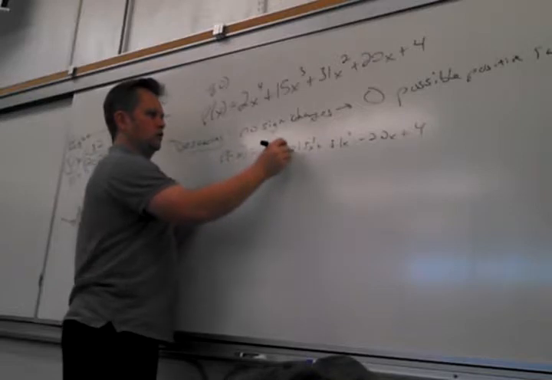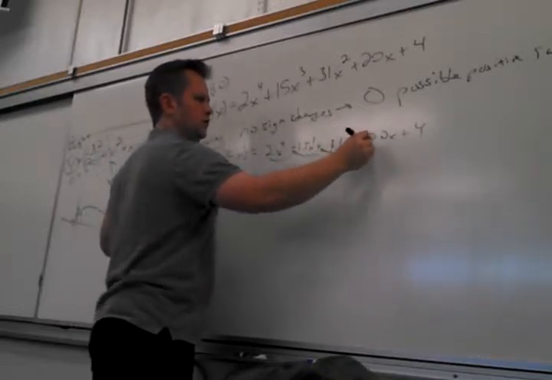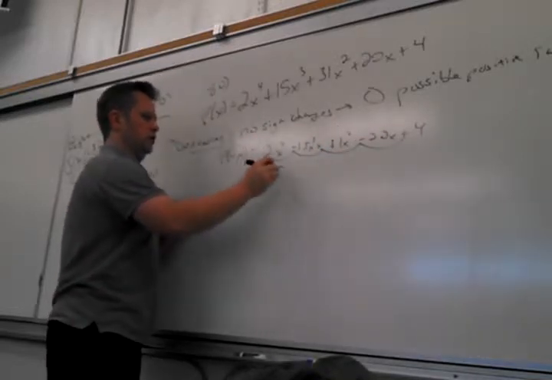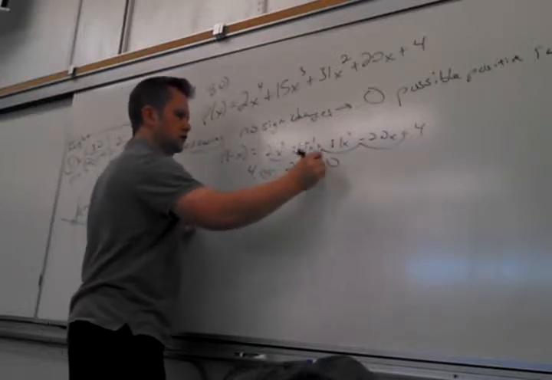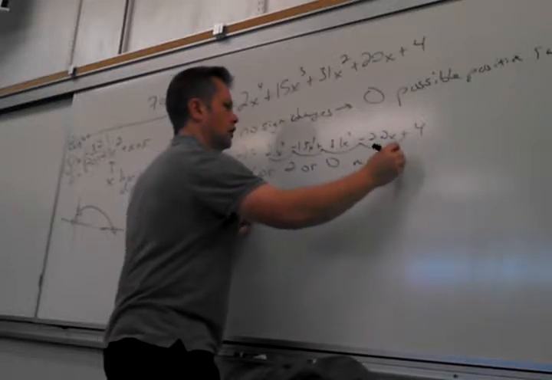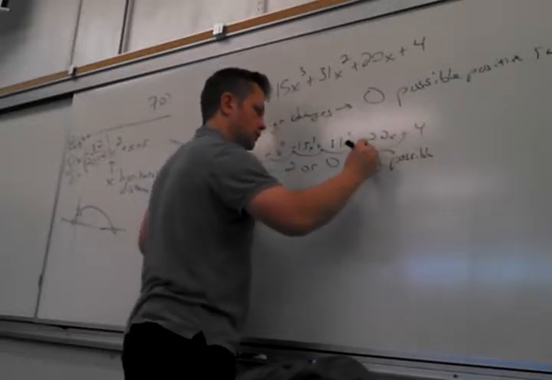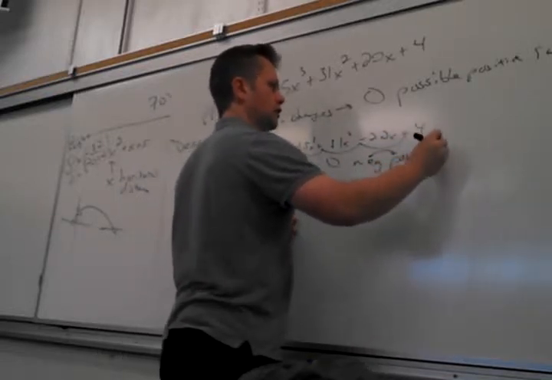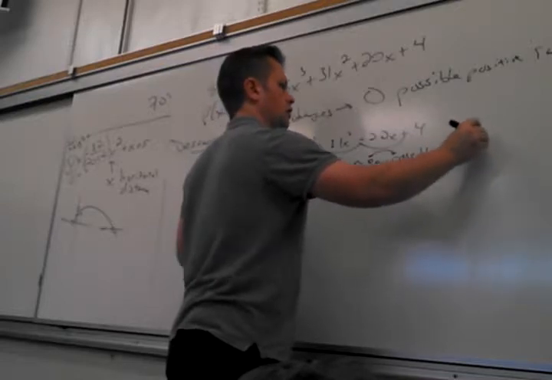Yeah, that'd be 1, 2, 3, 4. 4 or 2 or 0. I like it. 4, 2, or 0 possible negative rational roots.